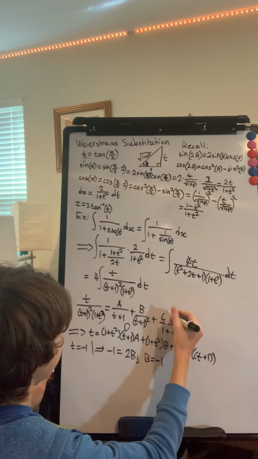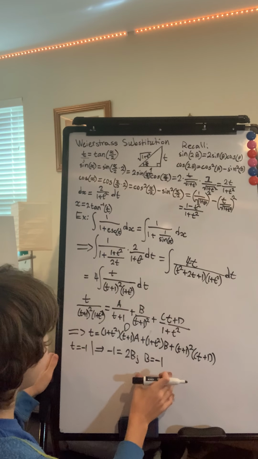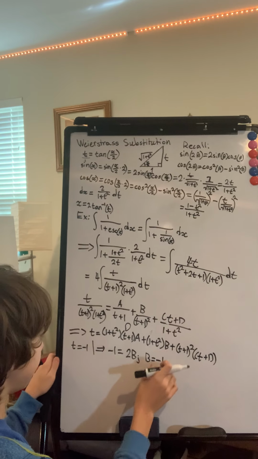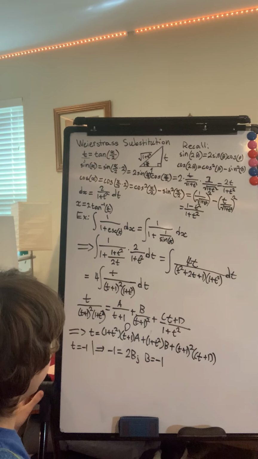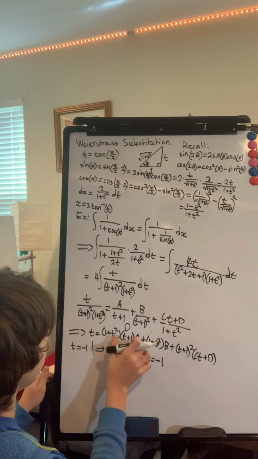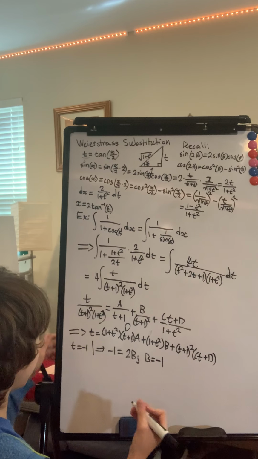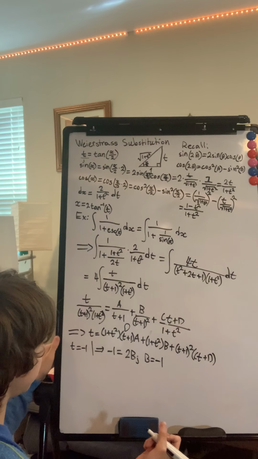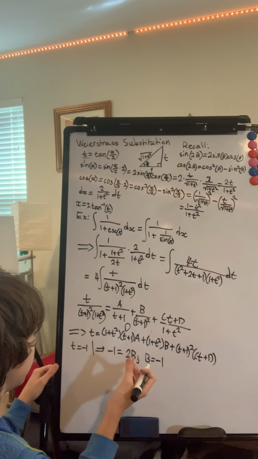We need that to be a t, of course, since it's a polynomial in terms of t. So b equals -1, which is good. I actually haven't done this integral by hand yet, essentially. It doesn't look like we can do much.